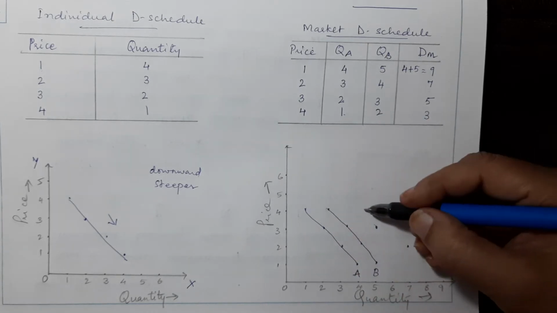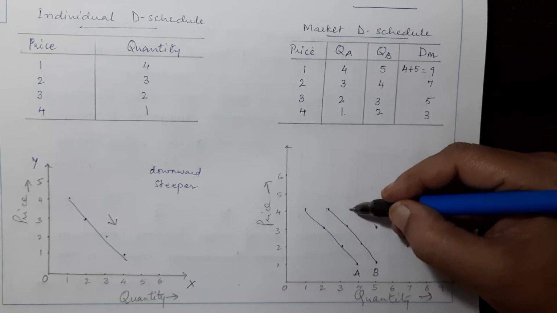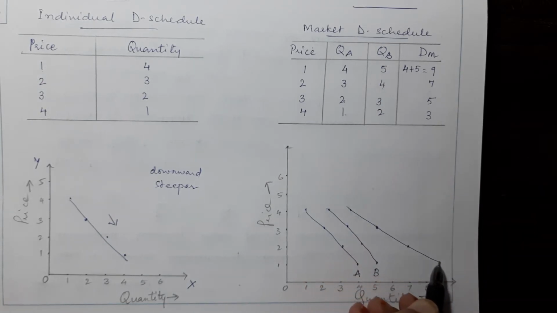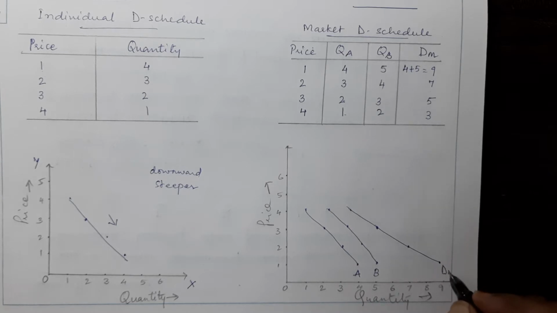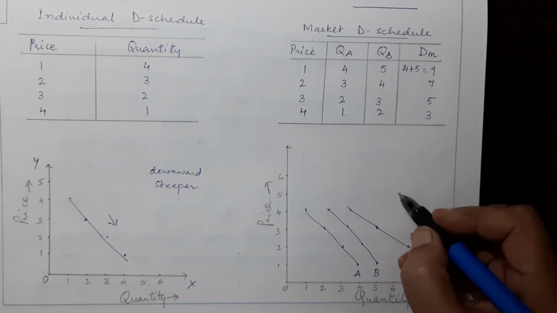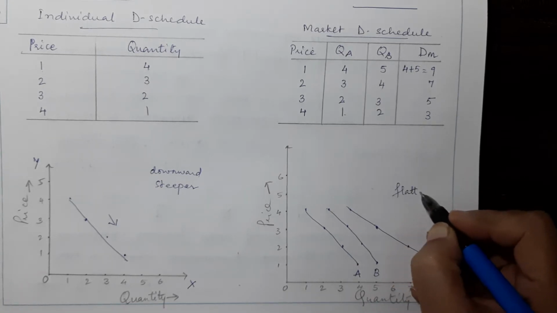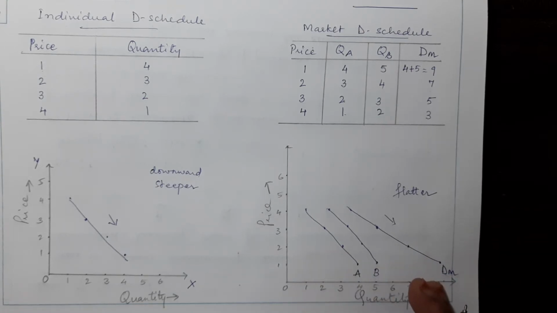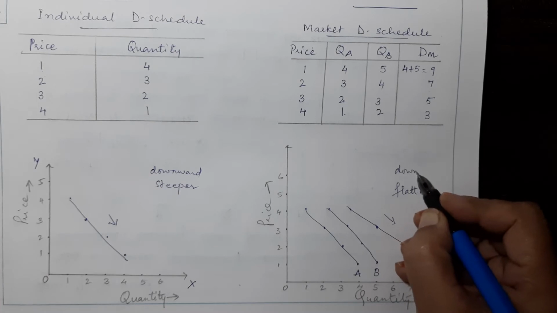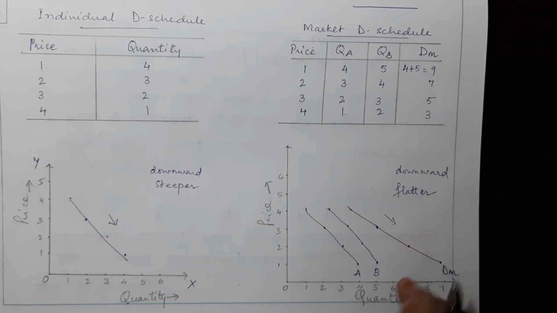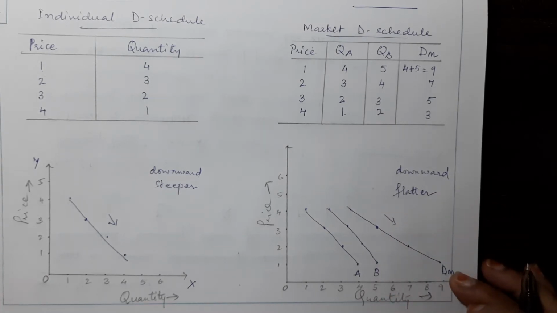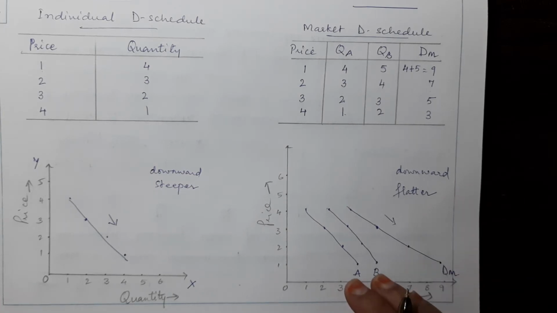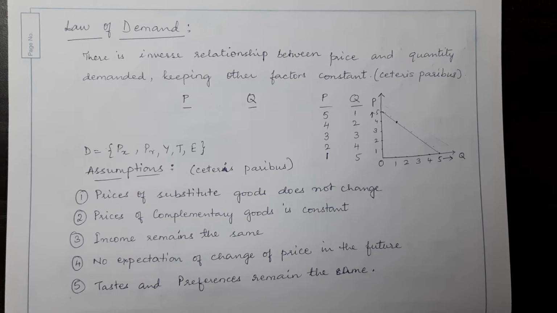So 4 rupees and 3 units is over here. So we find the market demand curve to be flatter. All the demand curves are downward sloping and the market demand curve is flatter than the individual demand curves.